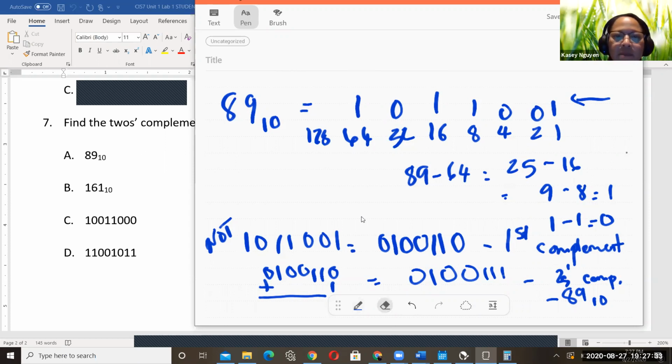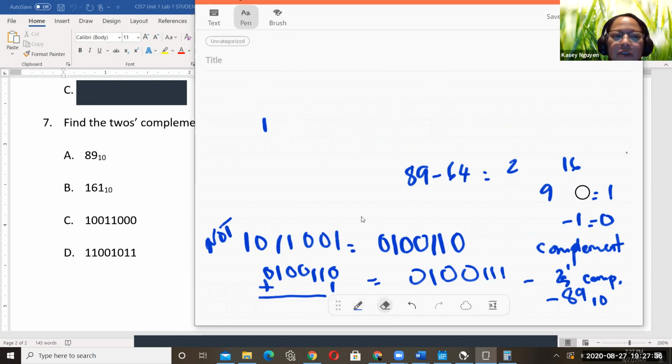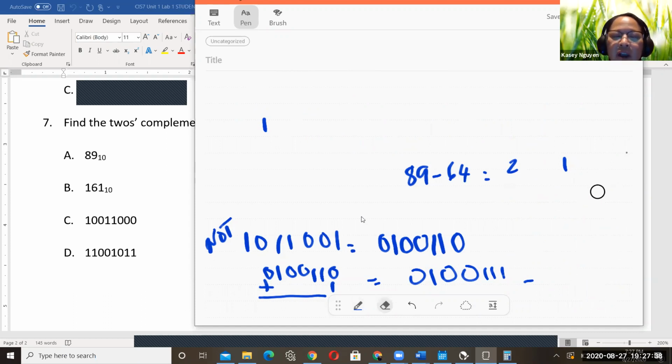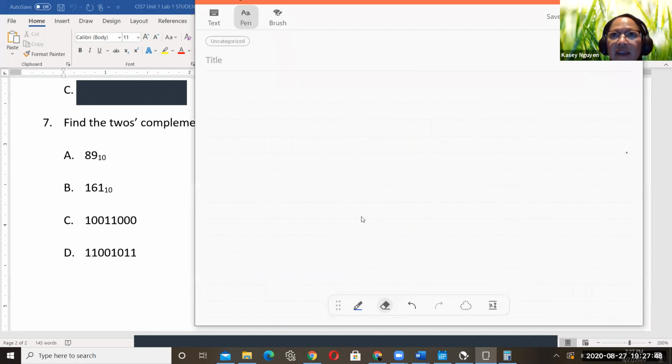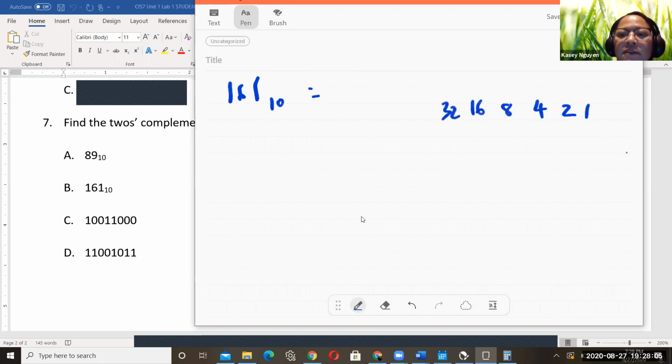Okay, so let's try B. In B, same thing. You start out with 161 and convert it into binary. Then from binary, you would not it and then add the 1. So we have 161, and that's decimal. Then we have 1, 2, 4, 8, 16, 32, 64, 128.